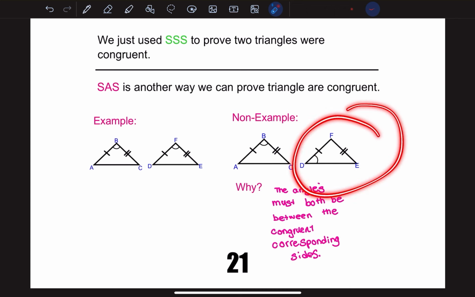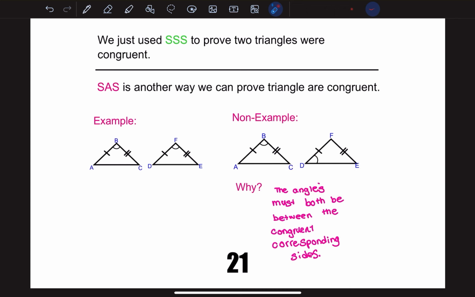However, this one, you can see that the angle is outside. So there's a side, and then an angle sort of out on its own. So the angles must both be between the congruent corresponding sides. So you would have needed that angle F is congruent to angle B in order to use side, angle, side.